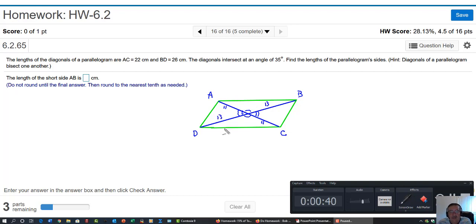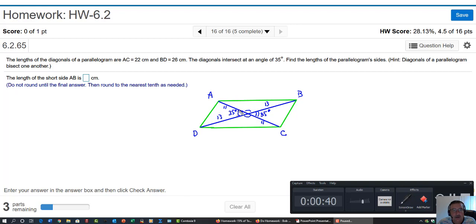All right, now it says the diagonals intersect at an angle of 35 degrees. So I'm thinking which one of these angles looks more like 35 degrees if we drew this right. I'm thinking that this would be 35 degrees, as would this. 35 degrees. And then what would these other two angles be?